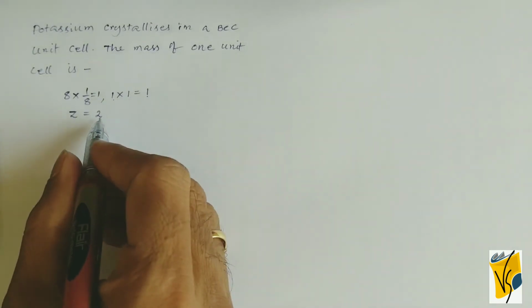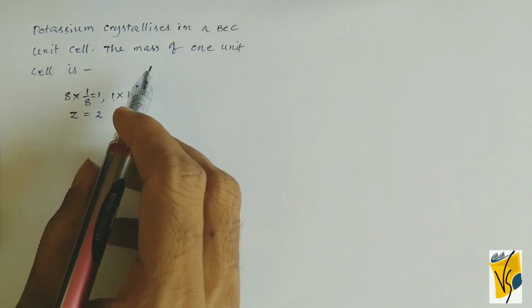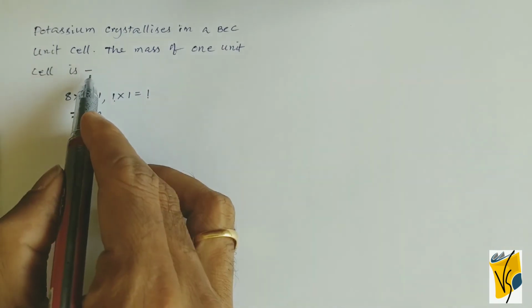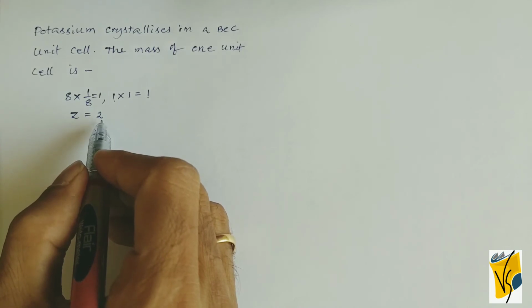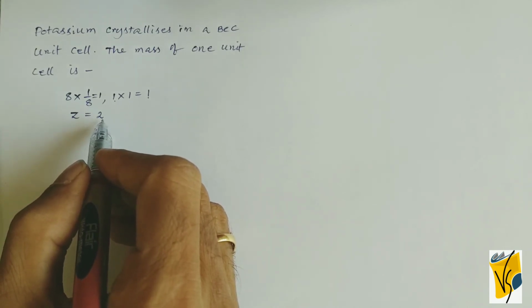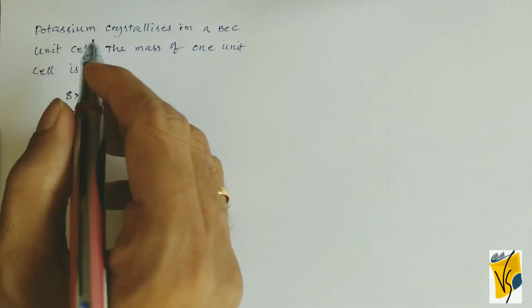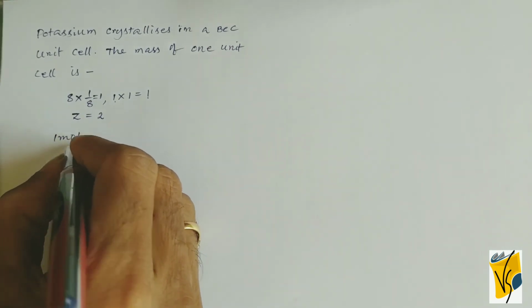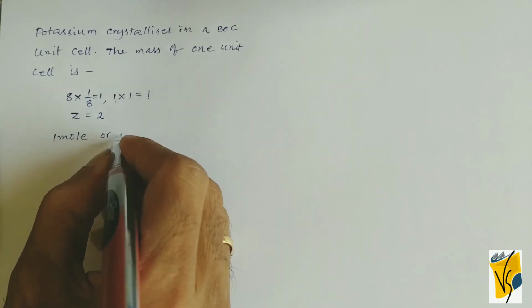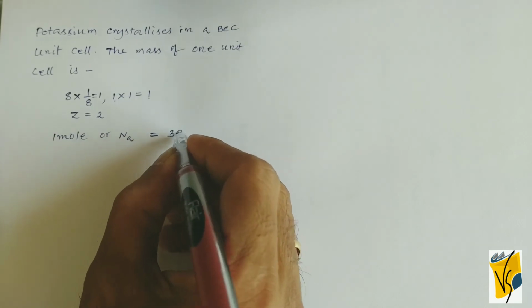Now 2 atoms make 1 unit cell, right? 2 atoms make 1 unit cell and the mass of 1 unit cell we have to find out. So we have to find out the mass of 2 atoms. So what is the mass of 1 mole of potassium atoms? 1 mole, or Avogadro number of atoms, has mass equal to 39 gram.